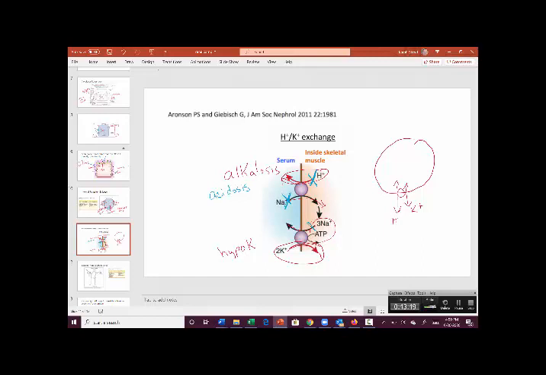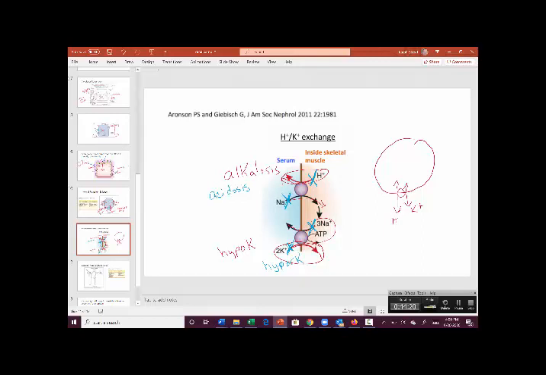Then that means the ATPase wouldn't be able to kick out as much sodium. It will not work unless 3 sodium are loaded for every 2 potassium brought in. So if we don't have as much sodium being brought into the cell in the first place, how do we kick it right back out? And that means you wouldn't have as much potassium being shifted into the cell, and acidosis would lead to hyperkalemia.